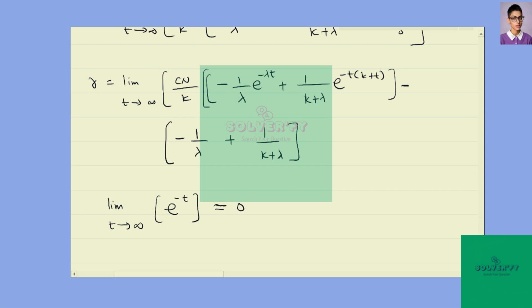So this is 0. It means that this and that would become 0 as t approaches infinity, and it means that they would not matter.